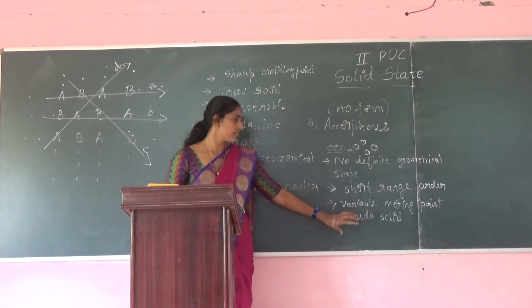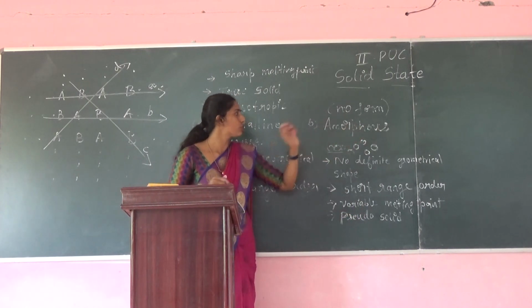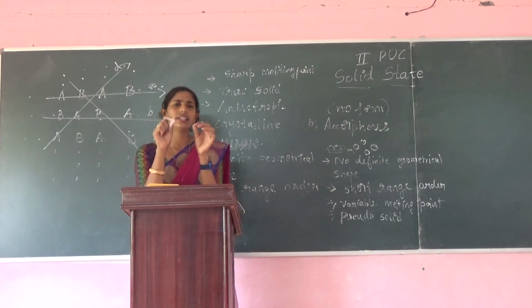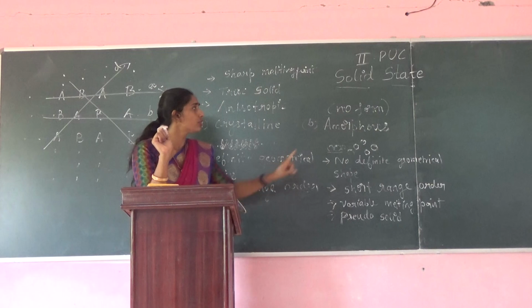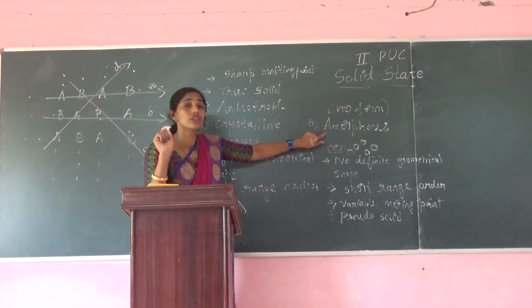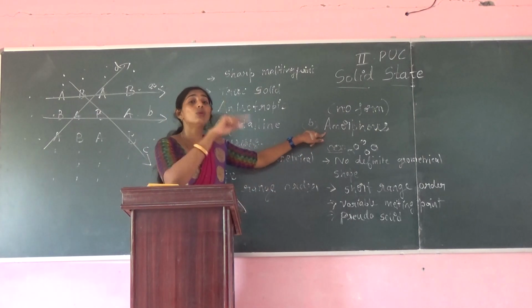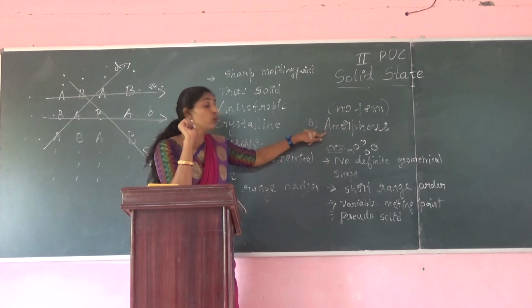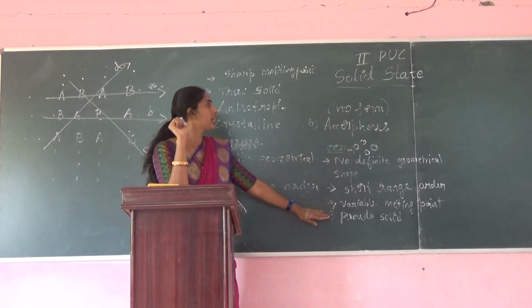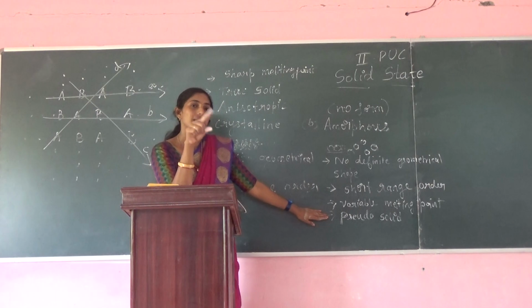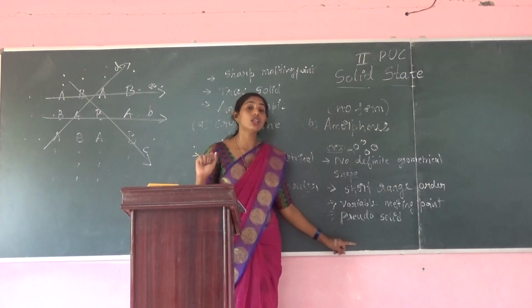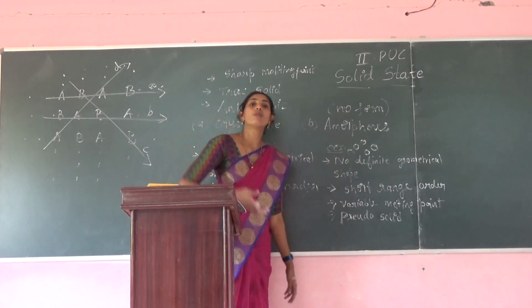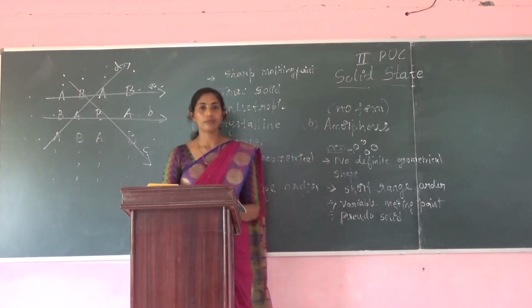Okay, and the properties of amorphous solids are a little bit similar to those of a liquid. So these amorphous solids are also called supercooled liquids. Why is it called a supercooled liquid? Because, as I said, at a variable temperature it changes its state from solid to liquid. It has a property similar to that of a liquid.